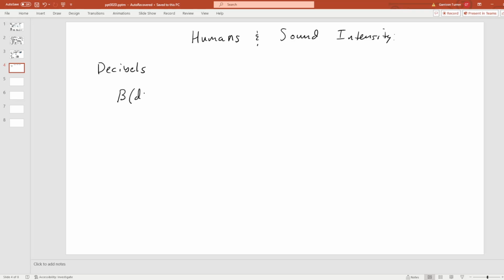Okay? And so, actually, technically, this needs to be lowercase. Okay. And so we denote the decibel level of a sound to be, and this equation is essentially definitional, okay? This is not a derived equation. This is just an equation that we have found to be very useful.